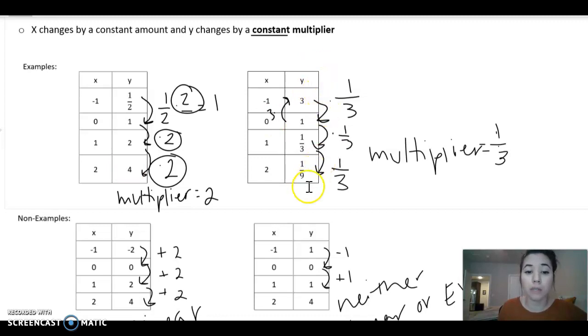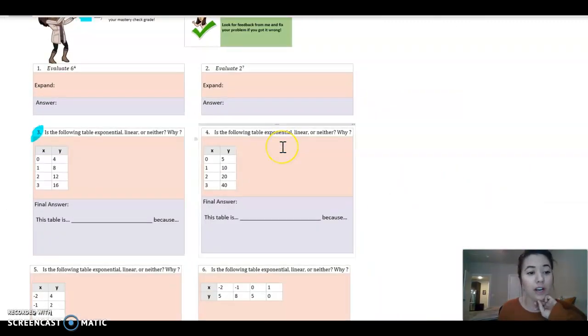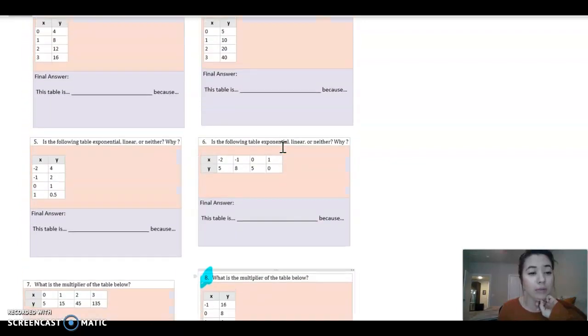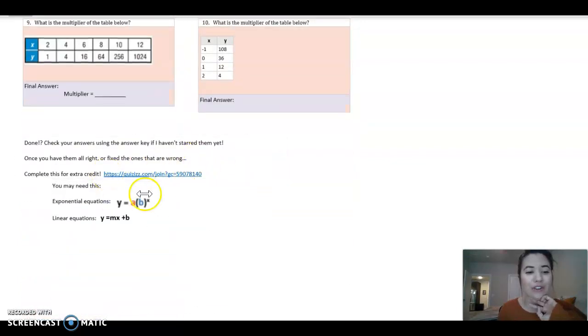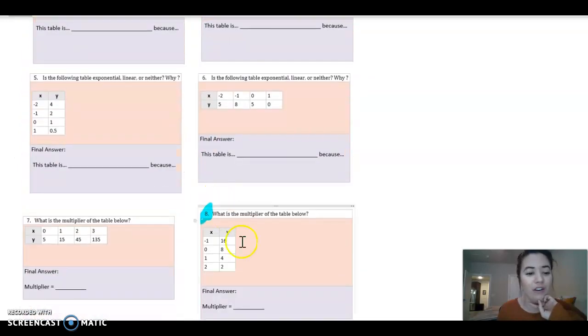If you notice it's going smaller, it's a fraction. Work backwards to find your denominator. Okay, give it your best shot. You have 10 problems to do, and if you want to do this for extra credit, go ahead. Send me a message when you're done, 3 and 8 are for your mastery.